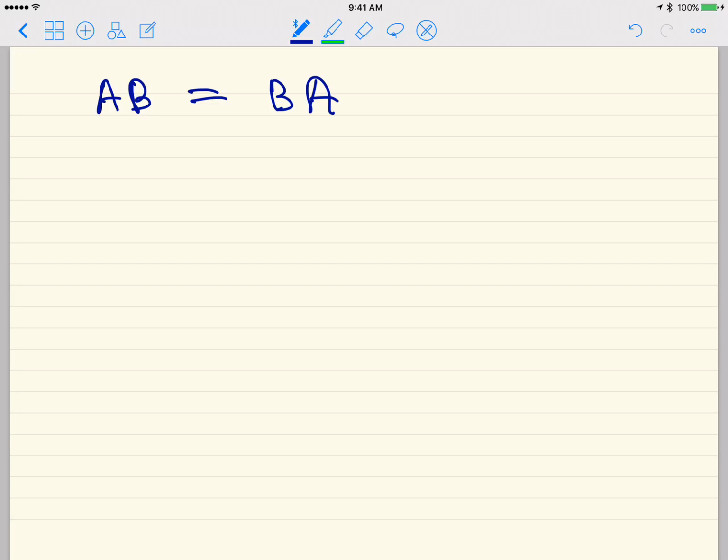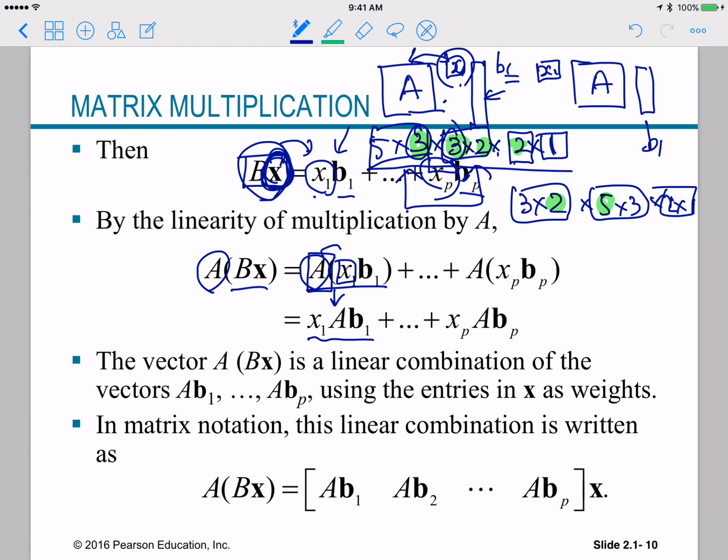Among matrices and their multiplication, we cannot freely change the order. But the reason why we can change the order between this x and A is because this x is just a scalar, right? In the case of a scalar value, we can multiply it anywhere in the sequence, either at the end or at first, and so on. So a scalar can move freely. That's why we can change the order here.